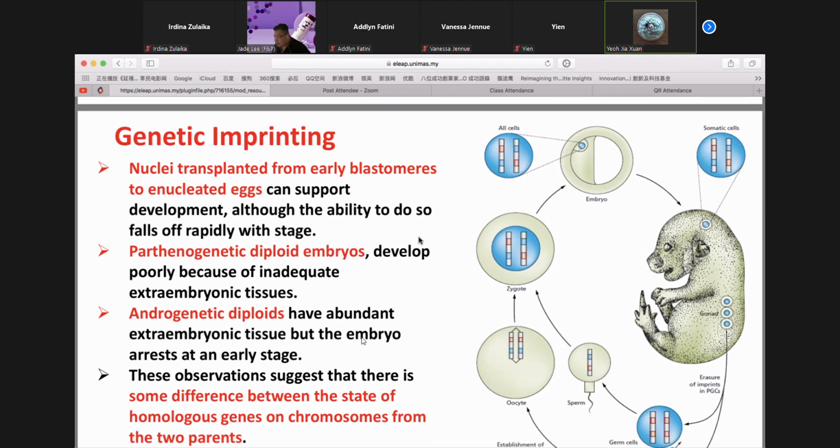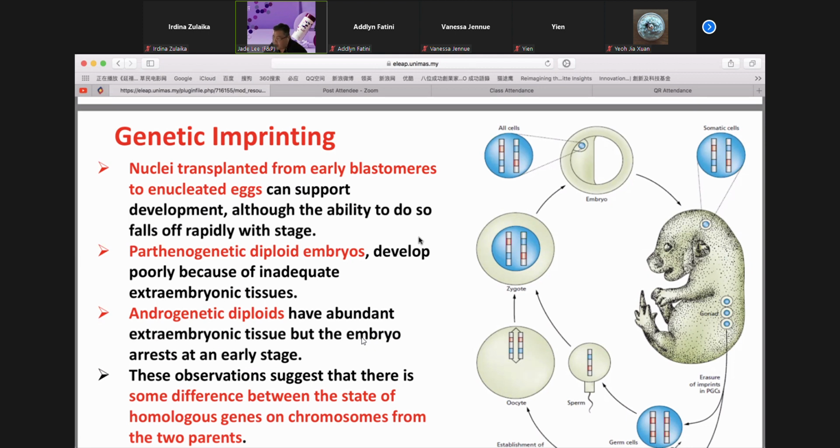But for some special conditions, a specific gene could only express from the father, but be silent from the mother. Even though there are two copies, one copy is silent. And vice versa, there are also genes that can only express from the mother, but are silent from the father.